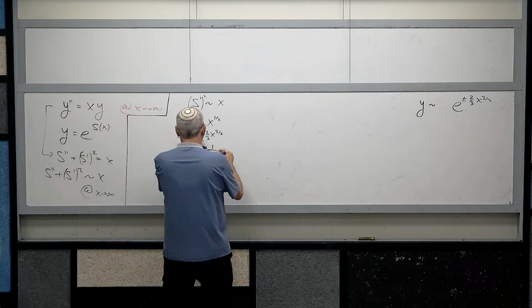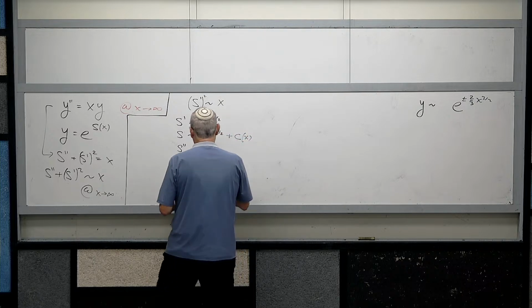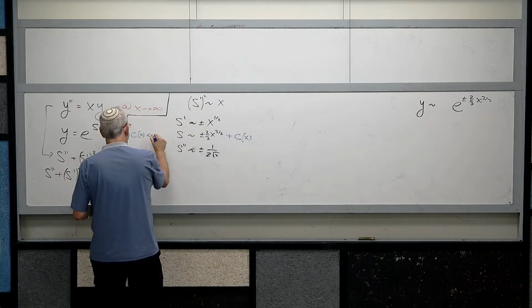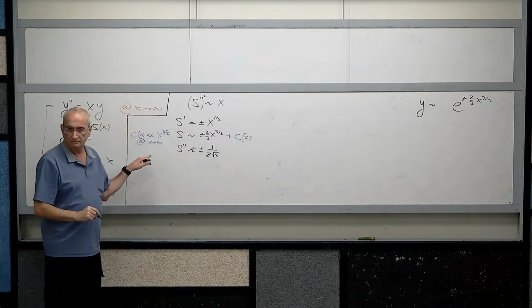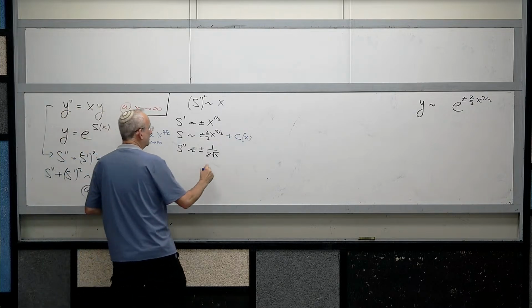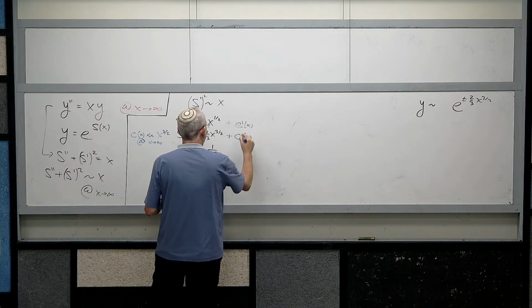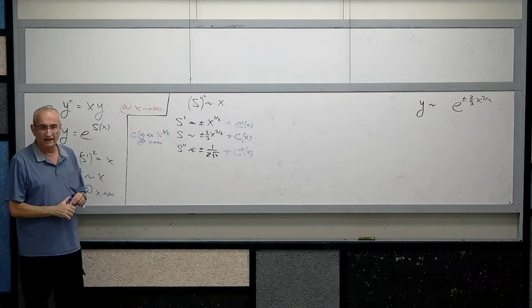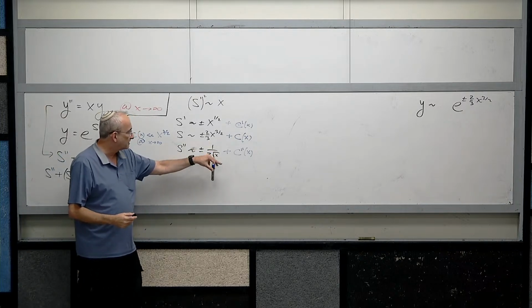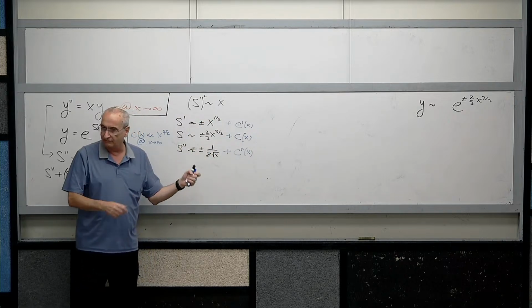Okay, so we can write here plus minus 2/3 x to the 3/2 plus c of x, where c of x is negligible with respect to x to the 3/2 as x goes to infinity. And by the same token, I will write here plus c prime, and I will write here plus c double prime of x. Where in each of these relationships, the blue is negligible with respect to the black as x goes to infinity.